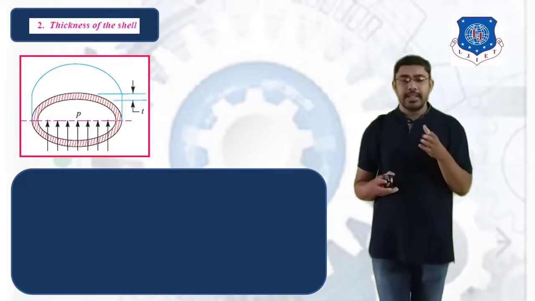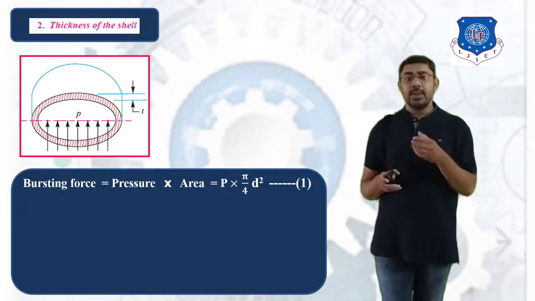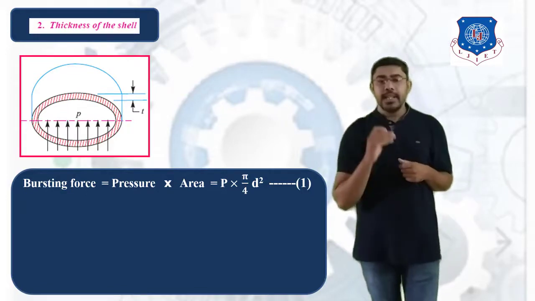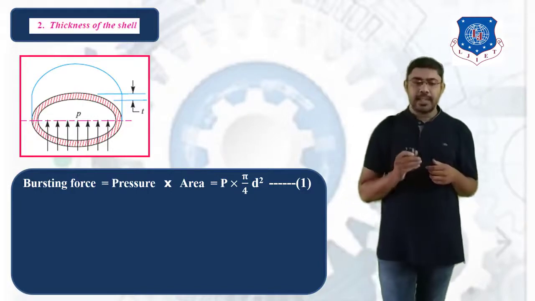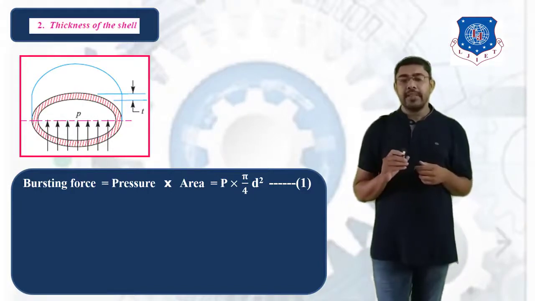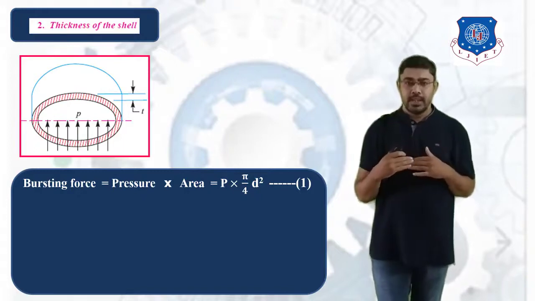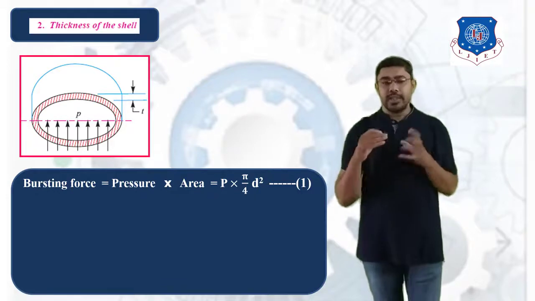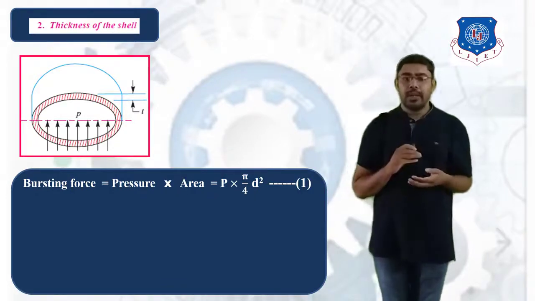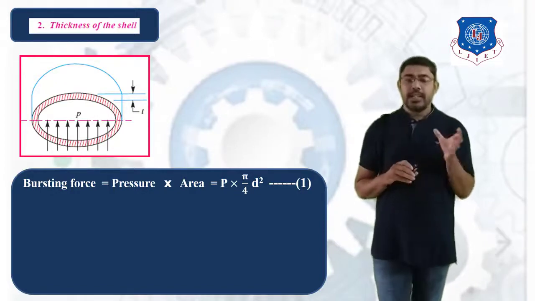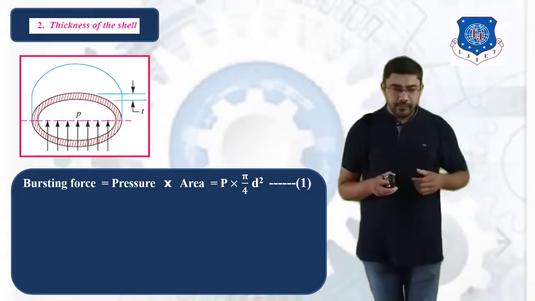Here the pressure P is applied, so the bursting force is equal to pressure into area. P is the pressure intensity, and the area is the projected area, which is pi by 4 into d square. This gives equation 1.